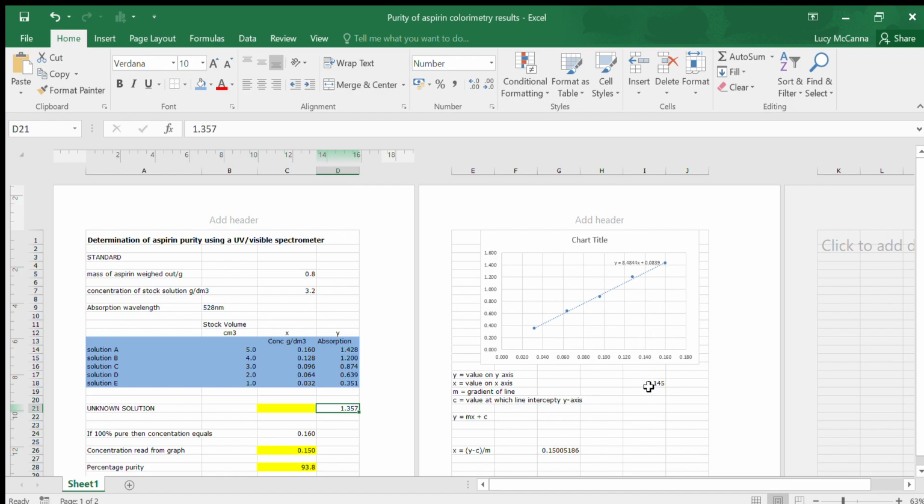We did it by eye to start with and got a prediction. And then we rearranged the straight line equation for x, which is the value we wanted to find out. X is the concentration. Rearranged it for x and we came out with this value.